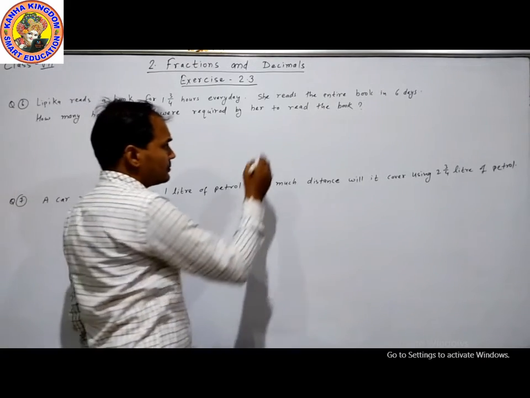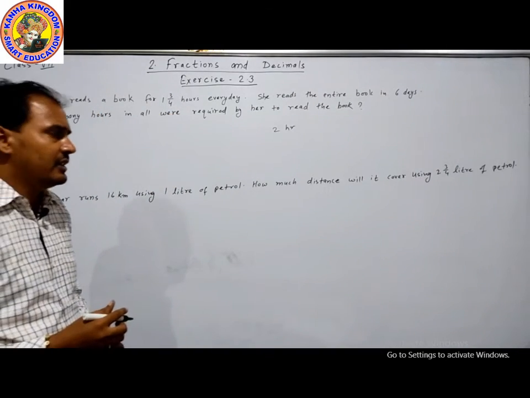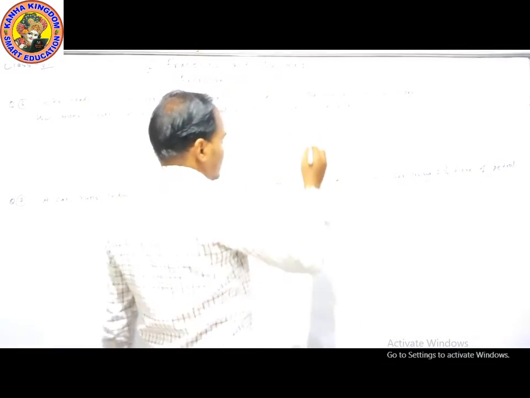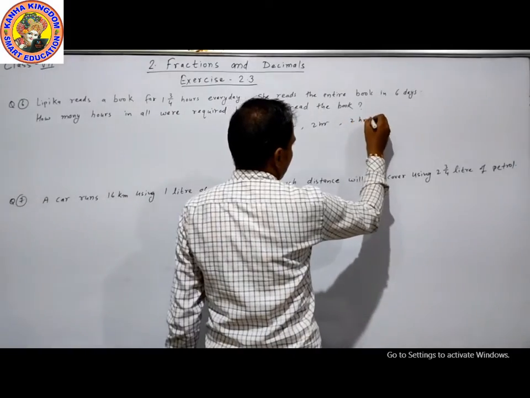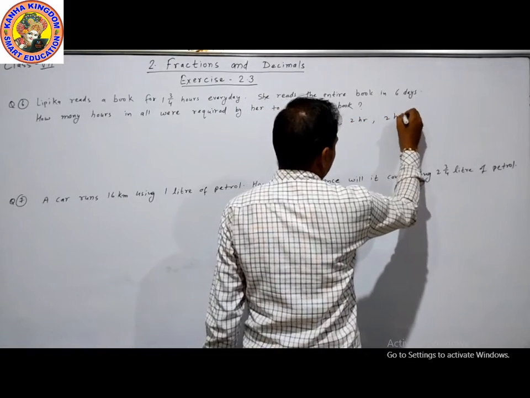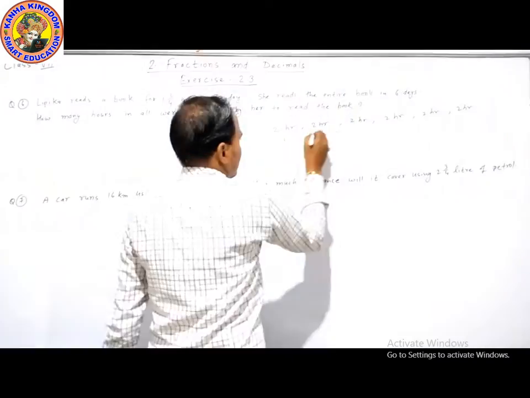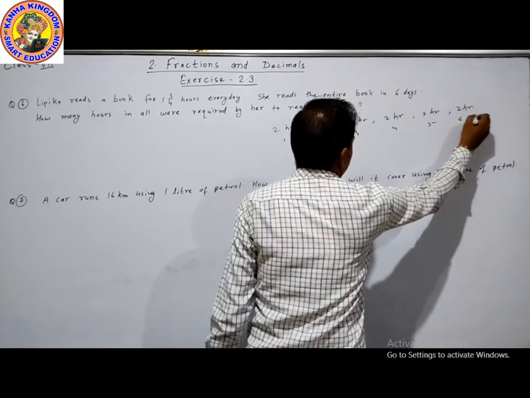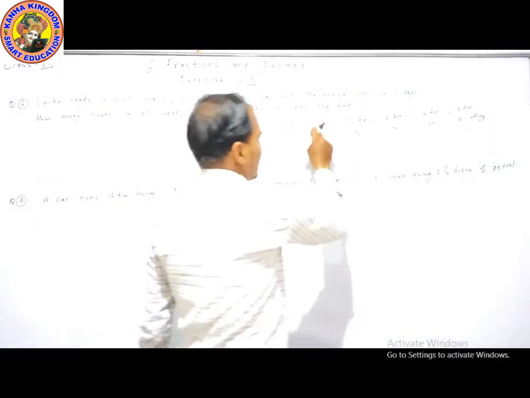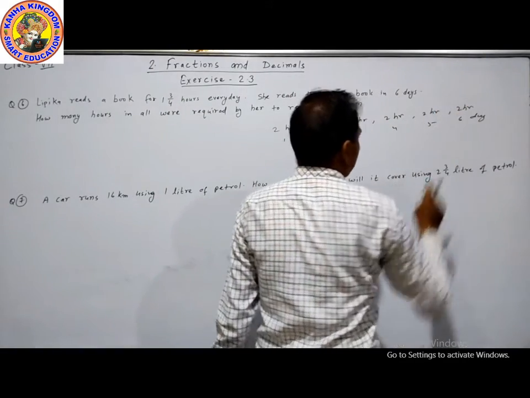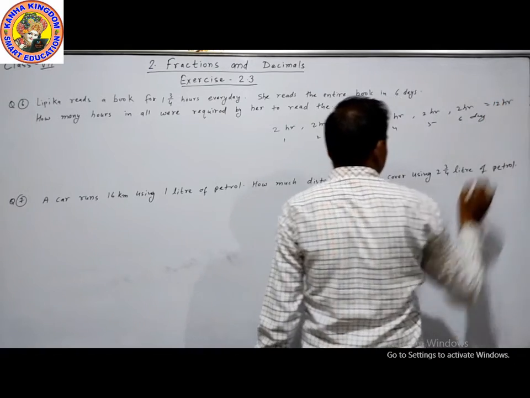Let's assume you read 2 hours in one day. In the second day 2 hours, third 2 hours, fourth 2 hours, fifth 2 hours, and sixth 2 hours. These are 6 days, 1, 2, 3, 4, 5, 6 days. How many hours did you read? 2 plus 2 plus 2 plus 2 plus 2 plus 2 is equal to 12 hours.